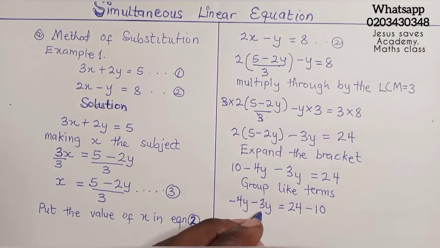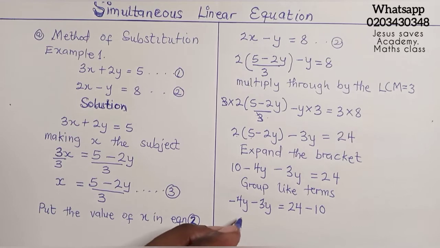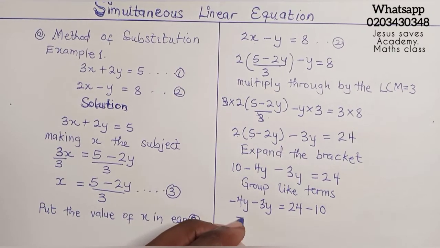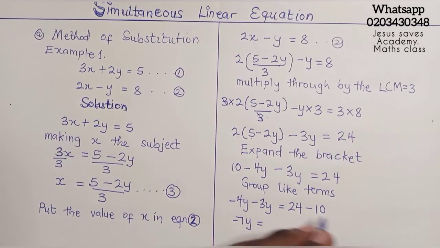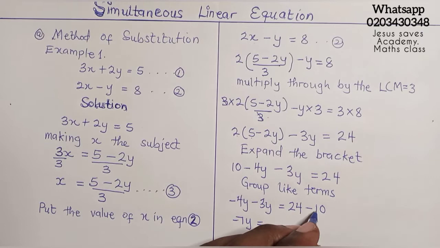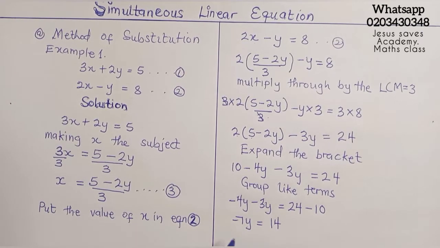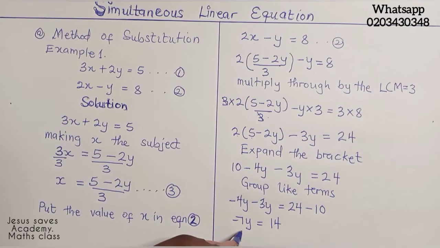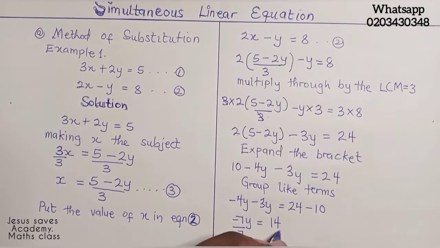So our next step is to simplify the expression and find y. We'll have negative 7y equals 24 minus 10, which will give us 14. So we divide through by negative 7.